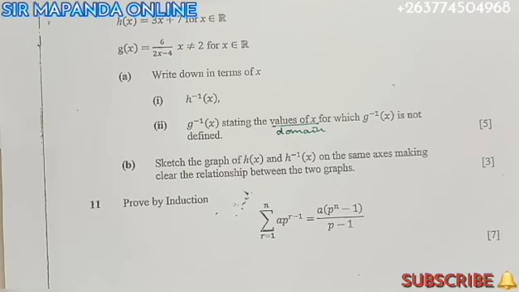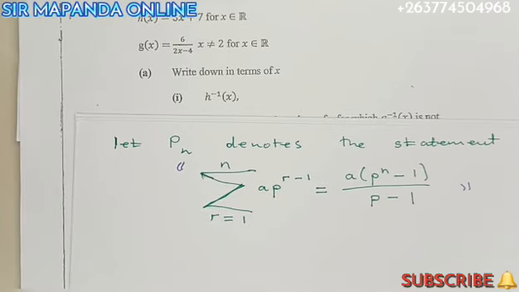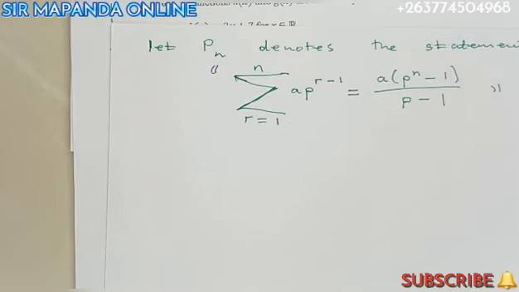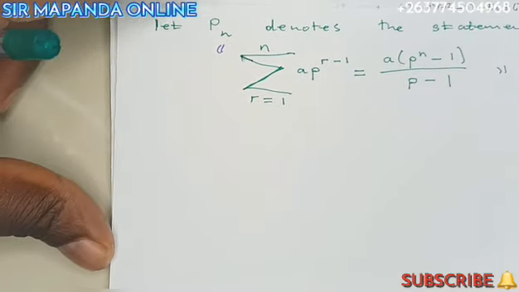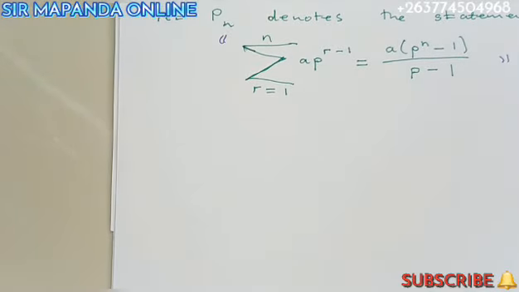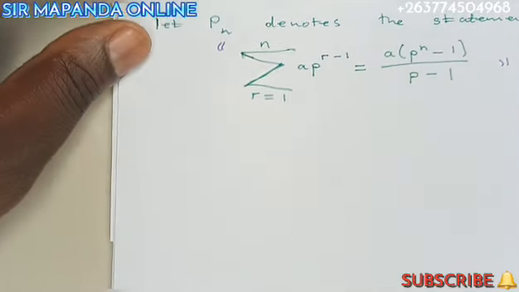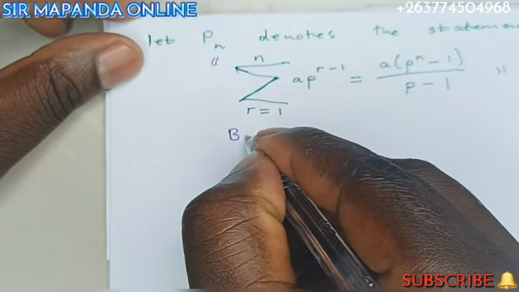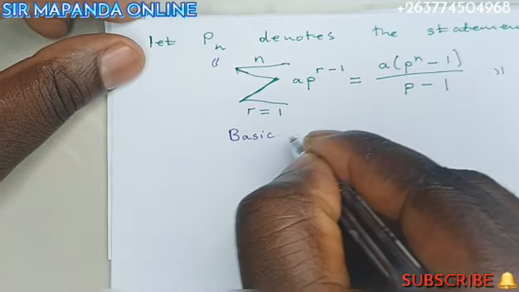There are stages or processes that are supposed to be followed. The first thing is you introduce the statement by saying, let Pn denotes the statement summation of this is equals to this, right? Then after that, you start with stage 1, which we refer to as the basic step.